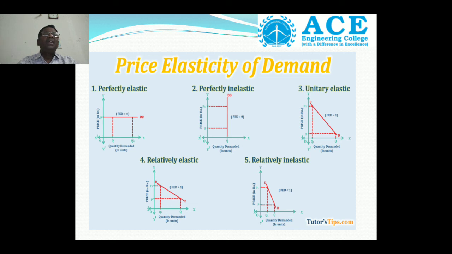Next one is unitary elastic. Unitary means the proportionate change in the quantity demanded and the proportionate change in the price are both equal. That means the percentage changes in the quantity demanded and in the price of the product are at an equal level.